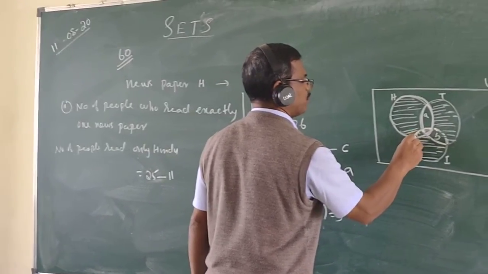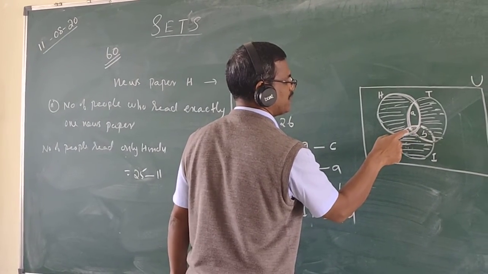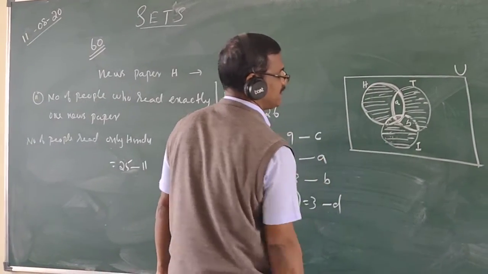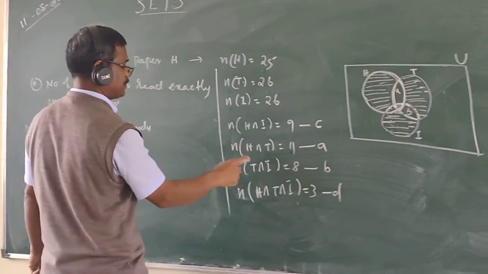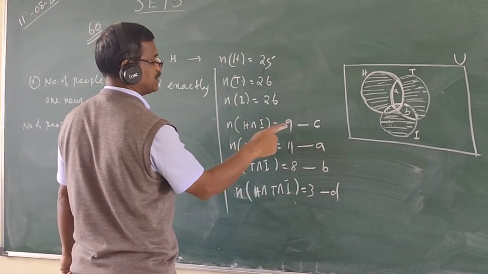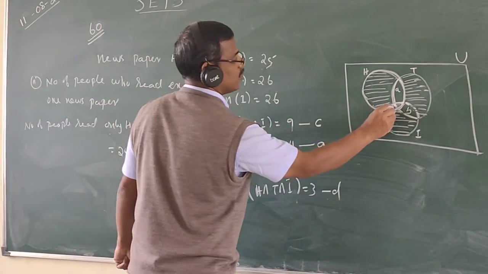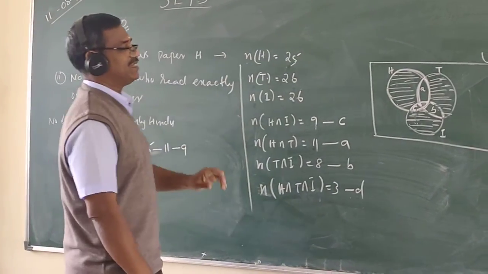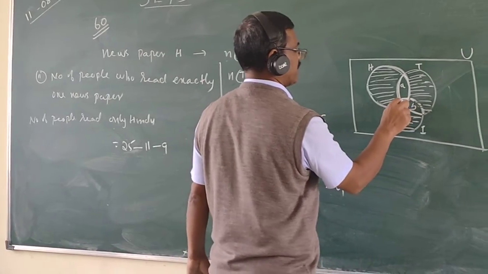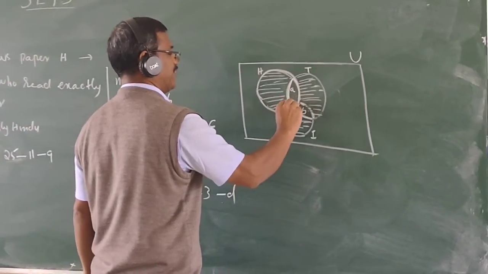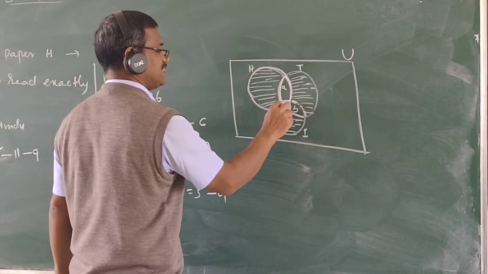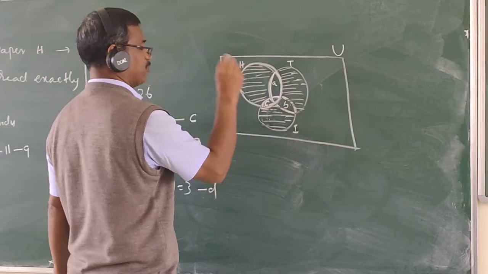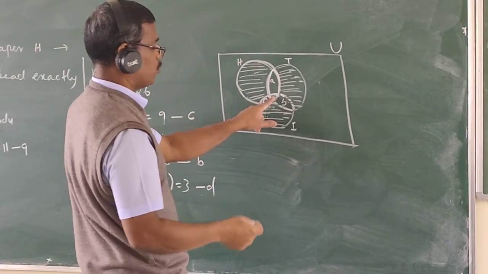And then this is also to be removed. What is that portion? Hindu and Indian Express, which comes as 9. So this C also is to be removed: minus 9. Now remember that you are removing this portion two times, because when you remove A it is already removed, and when you remove C this portion is removed again.